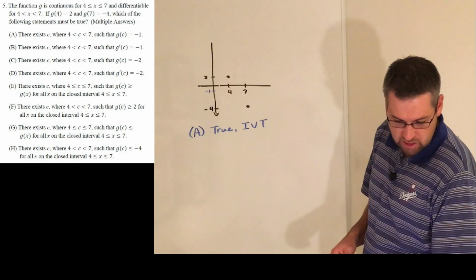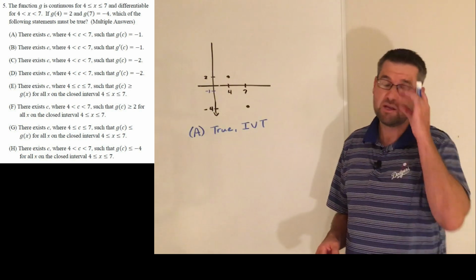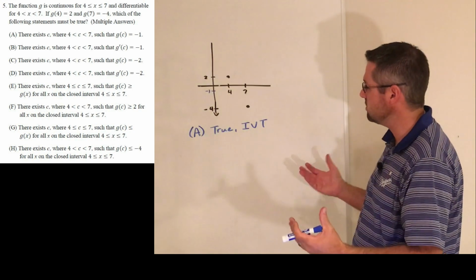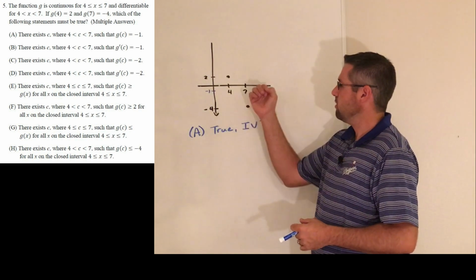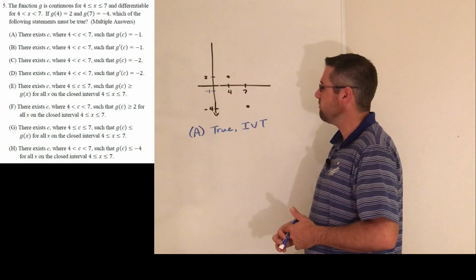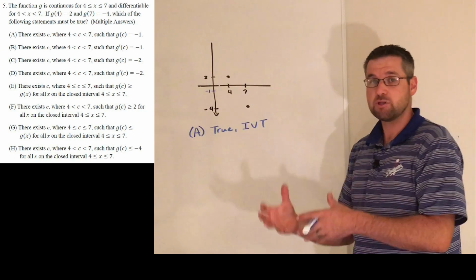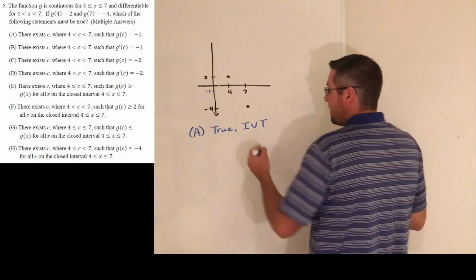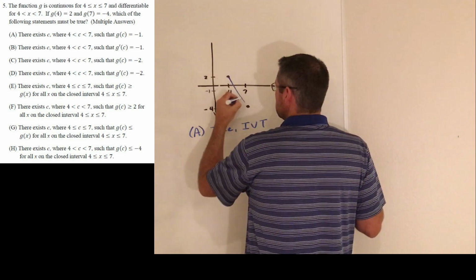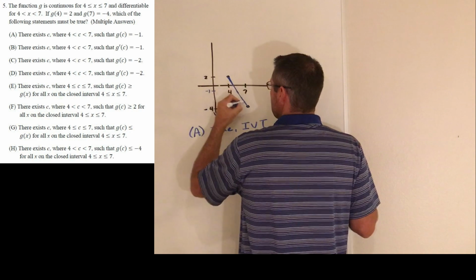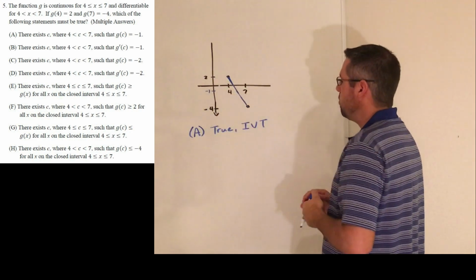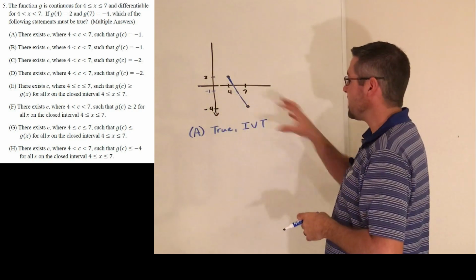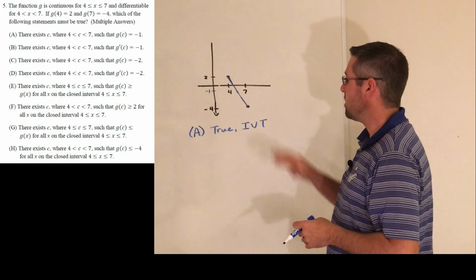Well, this is actually dealing with the mean value theorem. The mean value theorem says if the function is continuous over the closed interval and differentiable over the open interval, then the average slope is going to equal the derivative somewhere. So if I can find the average slope between these 2 points here, then I know that the function will have a derivative that is equal to that slope somewhere in that interval.